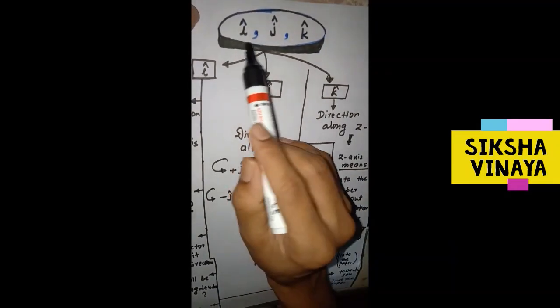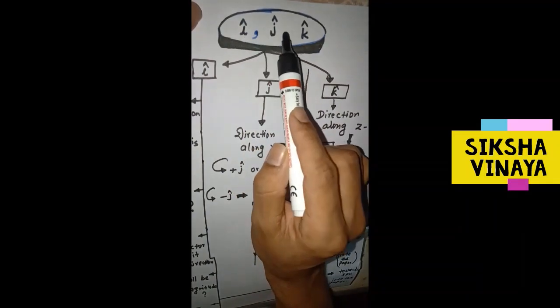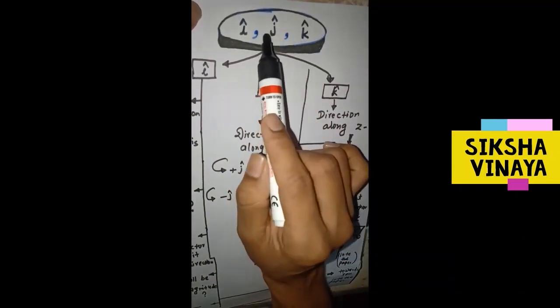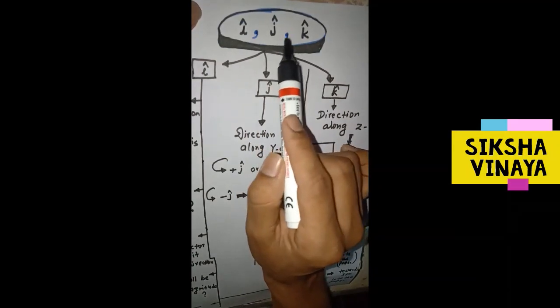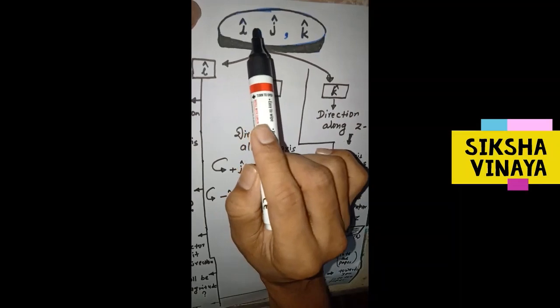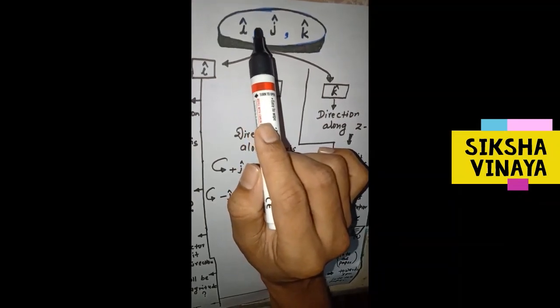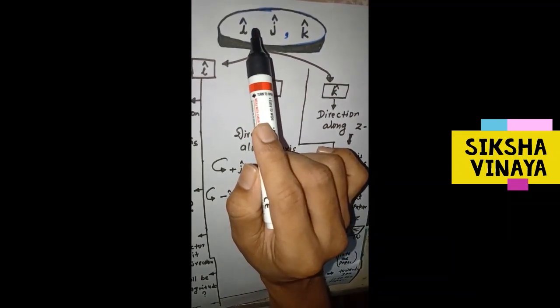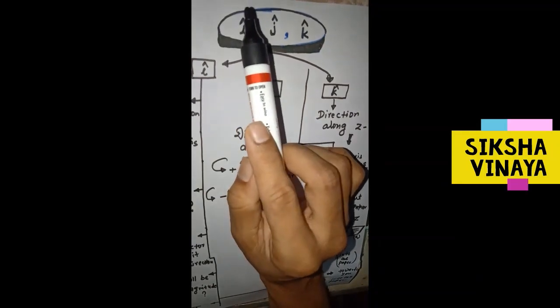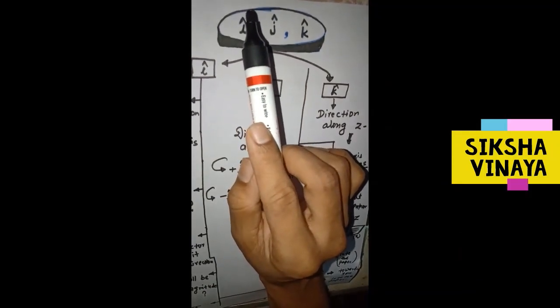For the direction there are three vectors: i cap, j cap, k cap. All are small. The cap is used because it gives the direction, so its symbol is somewhat different from usual vectors. You denote an arrow on the head, but here there is a cap, because it has a special task.